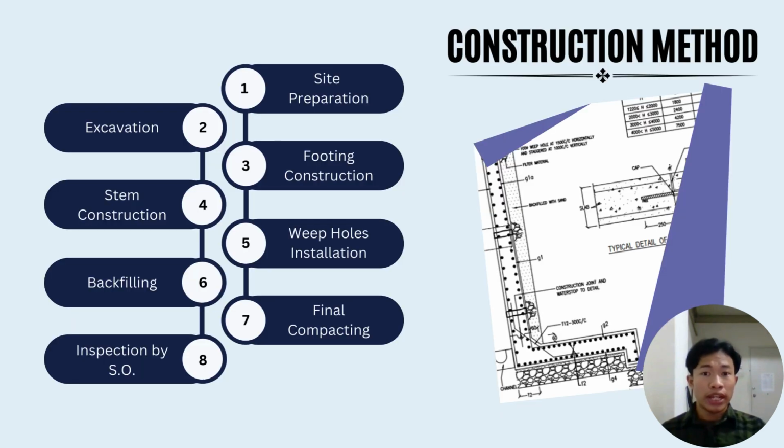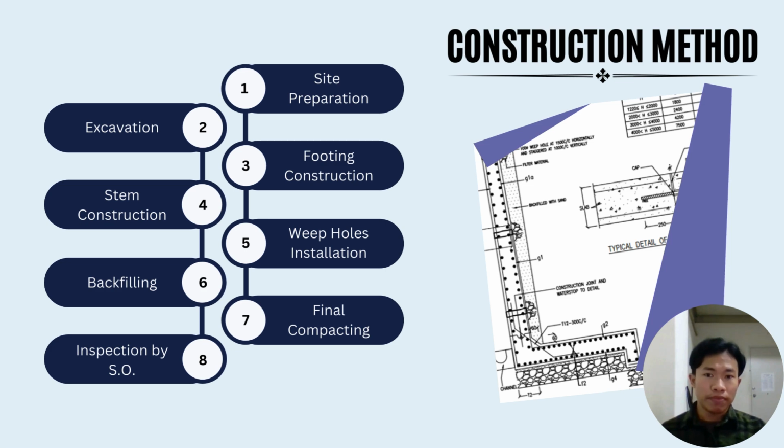The construction began on 12 November 2019 and was completed on 12 March 2020, taking a total of 80 days. Key stages of the construction process included site preparation, excavation, footing and stem construction, weep holes installation, backfilling, final compaction, and inspection.